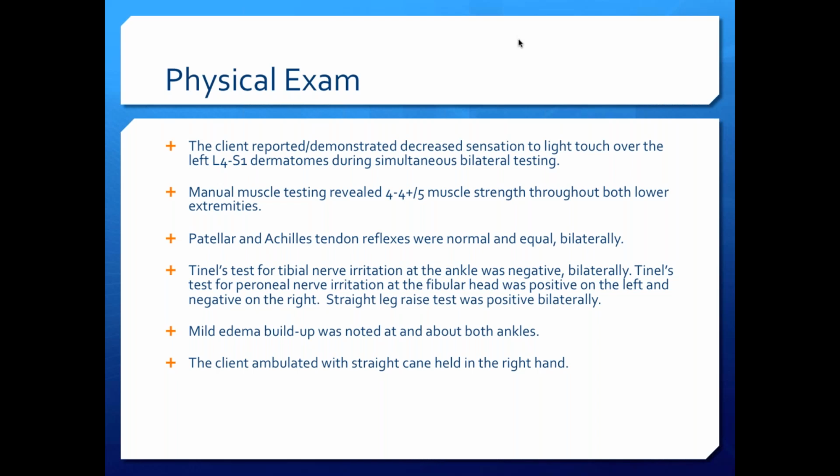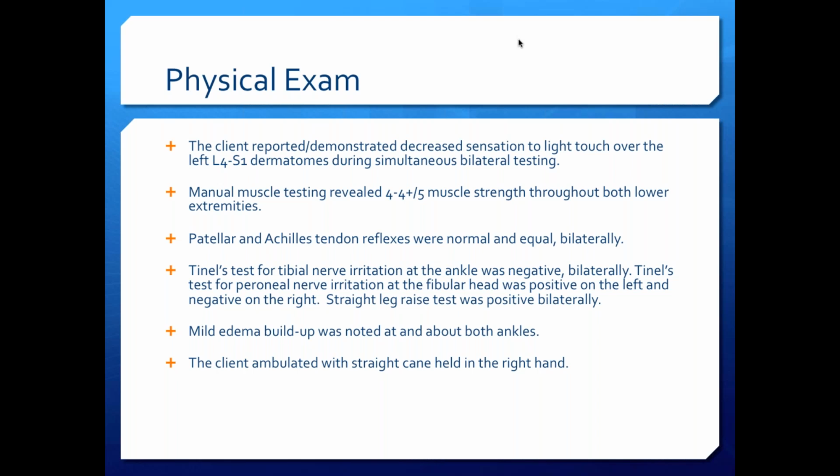And those are the basic big three screens. If you're doing a PT evaluation, you'll do a lot more. But in a physical exam for EMG, you want to get the big three of the sensation, the manual muscle testing, and the reflexes. So not too much helpful there, but we're still thinking along the lines of radiculopathy.